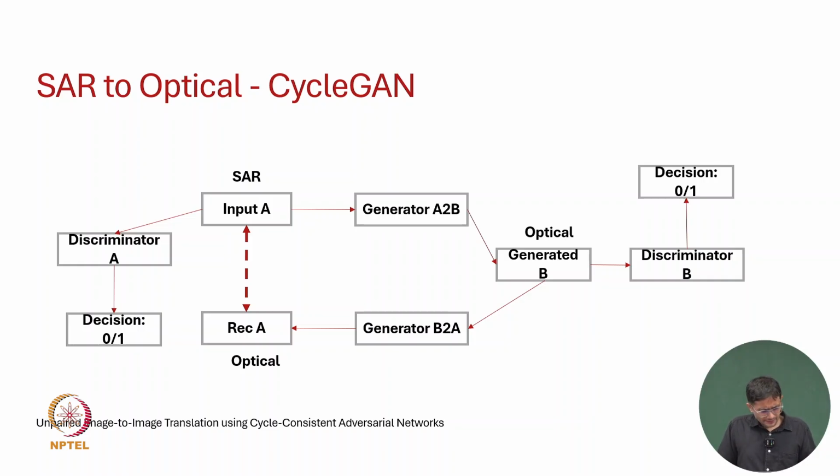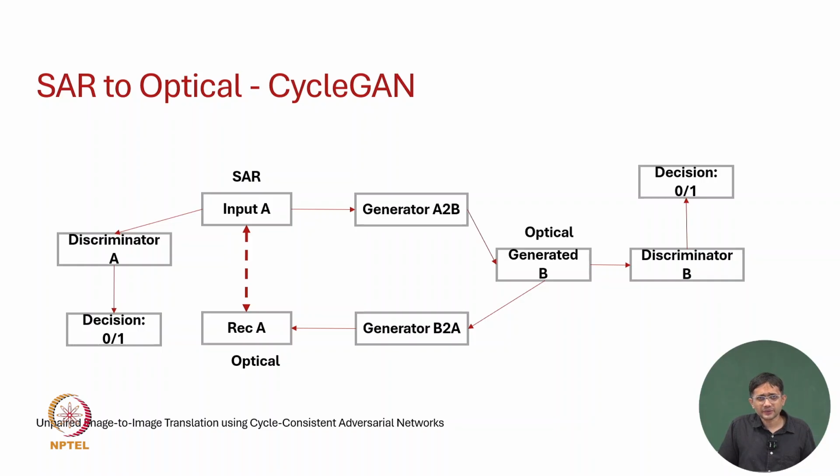So here are a couple of points that probably need to be emphasized again. One is, why are we talking specifically about cycle GAN? Is that the only option? No, right? There could be, let's say, pix2pix and other possibilities. Training cycle GAN will not really need paired SAR and optical images.